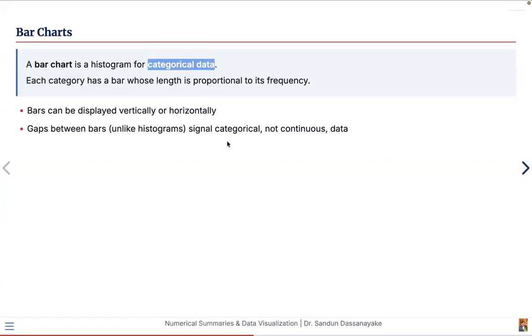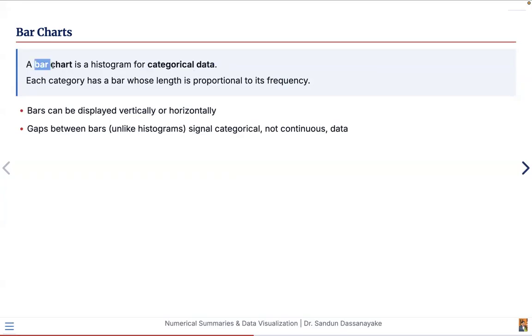What is categorical data? It can be nominal or ordinal values. When you do a sampling survey, you have preferences: strongly agree, moderately agree, disagree. So you have categories, and for each category you have the number of responses.